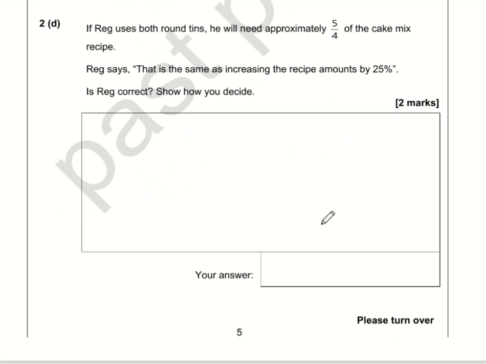Okay, if Reg uses both round tins, he will need approximately 5/4 of the cake mix recipe. Reg says this is the same as increasing the recipe amounts by 25%. Okay, so if you're increasing by 25%, remember that 25% is 1/4.